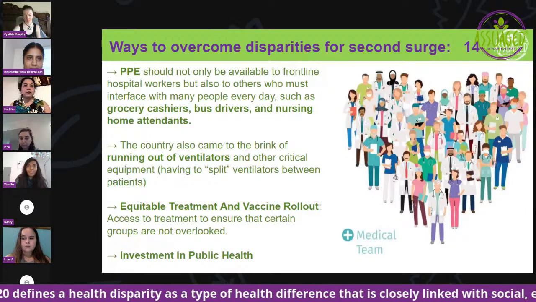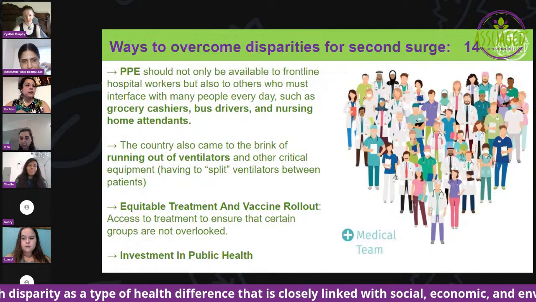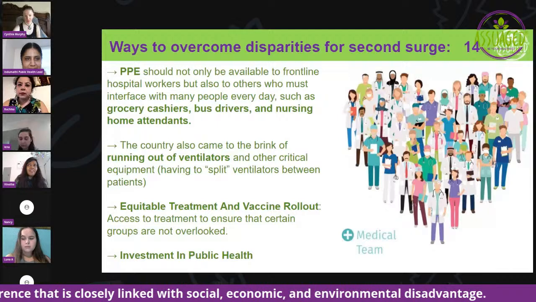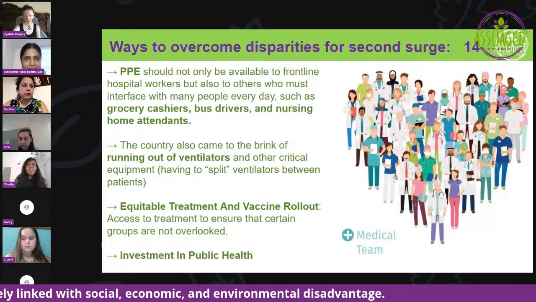Life is always life, so it is never to be divided among people. So everybody has a right to get the equipment and get the ventilator and get all the facilities.